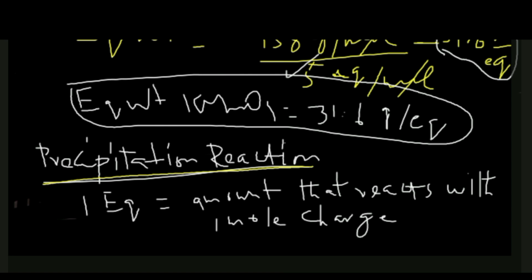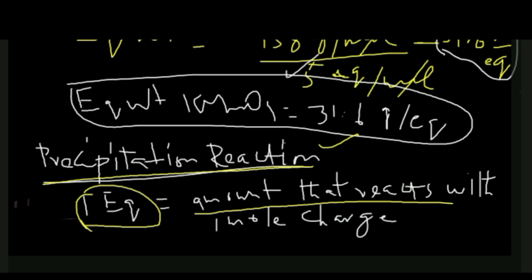Another one is the precipitation reactions. In precipitation reactions, we will determine the equivalent weight for the determination of normality. We can say that in a precipitation reaction, the equivalent will be equal to the amount that reacts with 1 mole of charge.